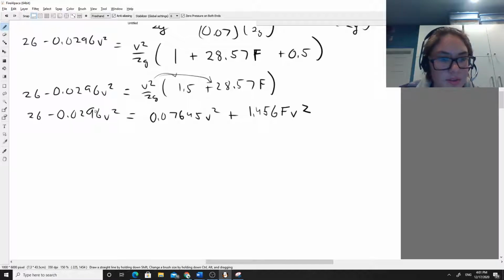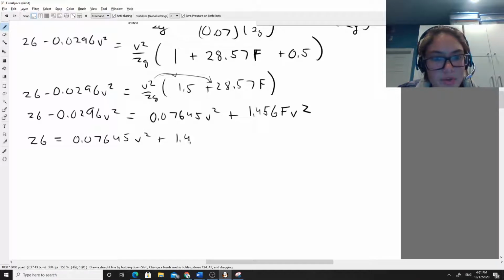And I'm going to leave 26 over here and scooch this coefficient onto the other side. We're going to say 0.07645 V squared plus 1.456. Oops.